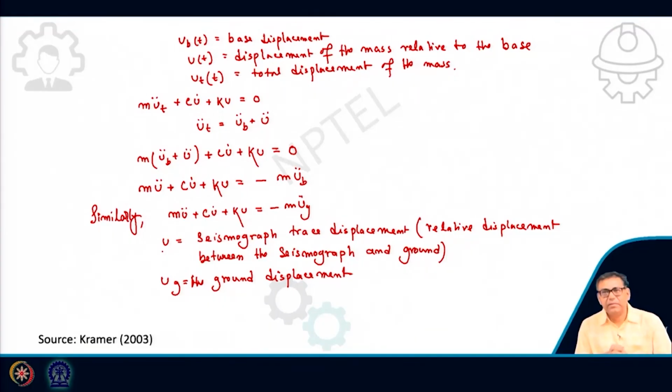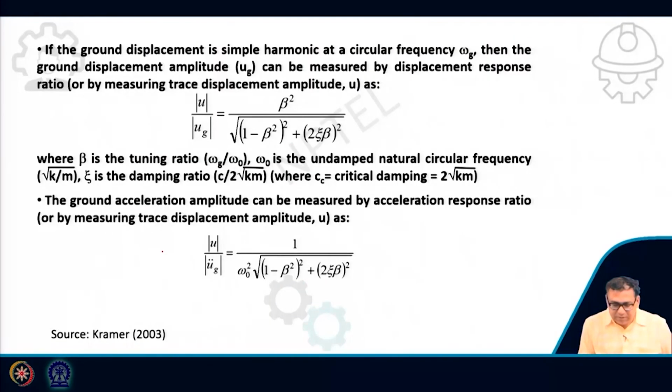Now how can I measure this ground displacement or ground acceleration? By using these two equations. These two equations you can derive from the basic equation that I have given, but I am not giving the derivation here, I am just giving you the final expression.